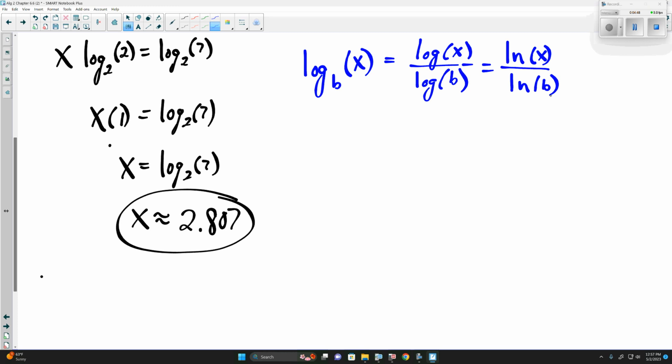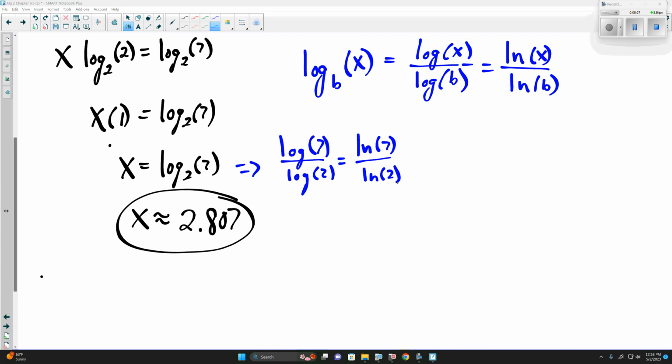In our case, it would be the same as saying log of 7 over log of 2, or the natural log of 7 over the natural log of 2.